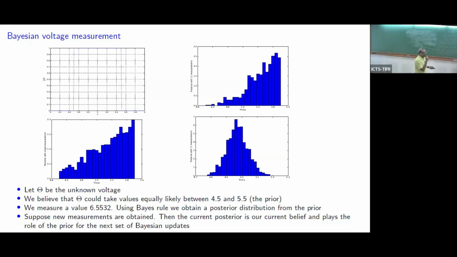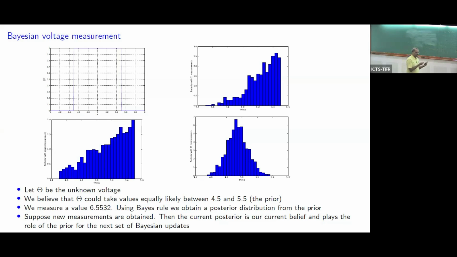There is one more important thing here, which is that I have shown you two or three steps of this procedure. I started out with a prior, observed a single value, and updated that prior to this posterior. Then I told you that I got another value and updated my posterior again. So when I do this update, my prior for this update is actually the previous posterior.